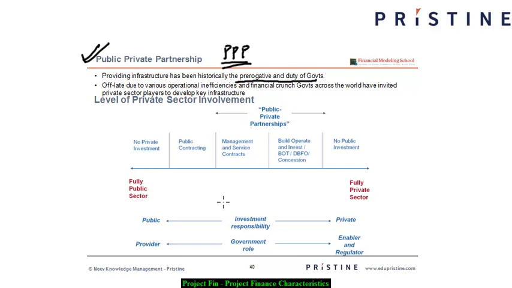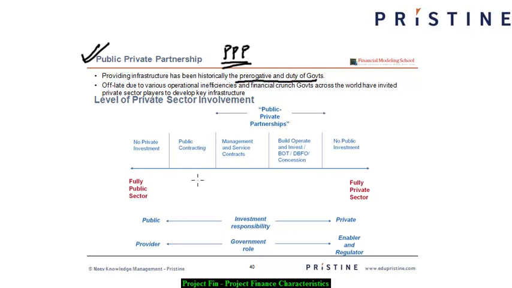But going forward, what we are seeing is that the government has started moving away from building the roads or building power projects, and they have started outsourcing the activities to private players.